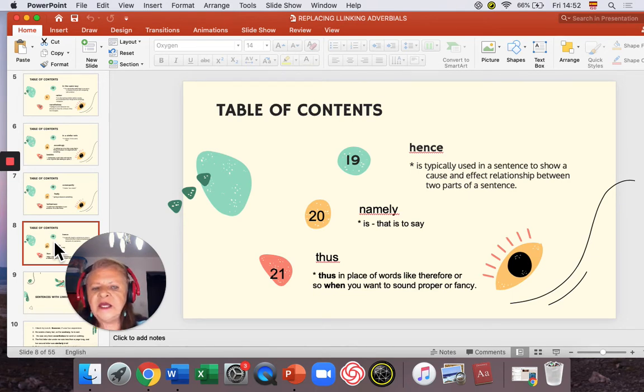Hence is typically used in a sentence to show a cause and effect relationship between two parts of a sentence. Then we have namely. Namely is, or that is to say. Okay? Then we have thus. Thus, in place of words like therefore or so, when you want to sound proper or fancy.